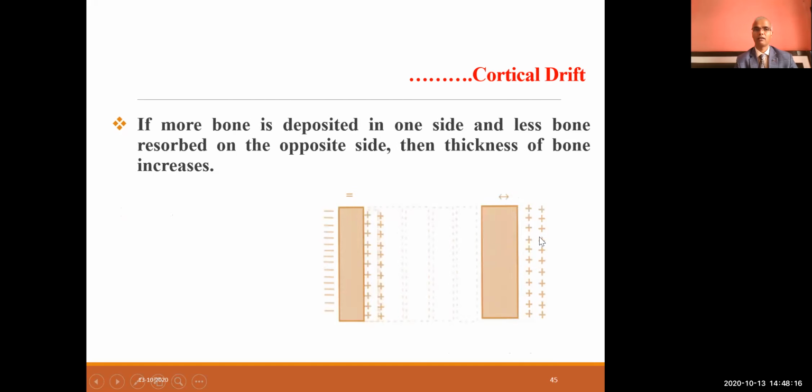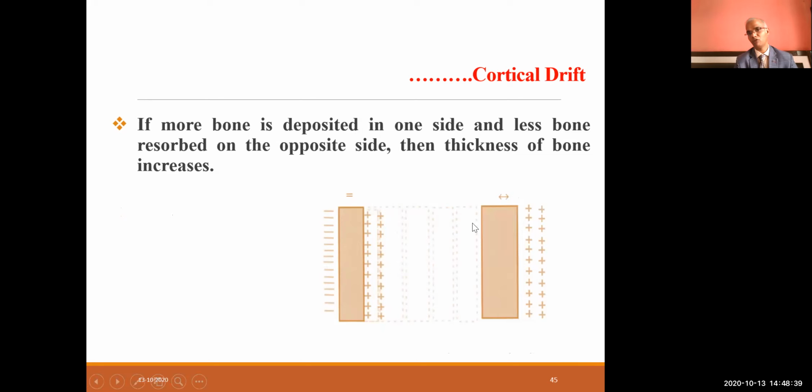But if more bone is deposited on one side and less bone is resorbed on the opposite side, then the thickness of bone will increase.